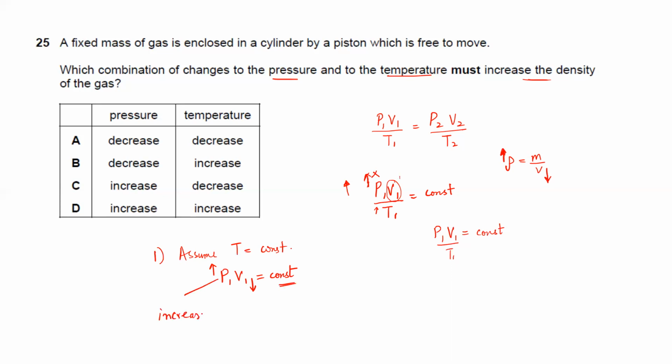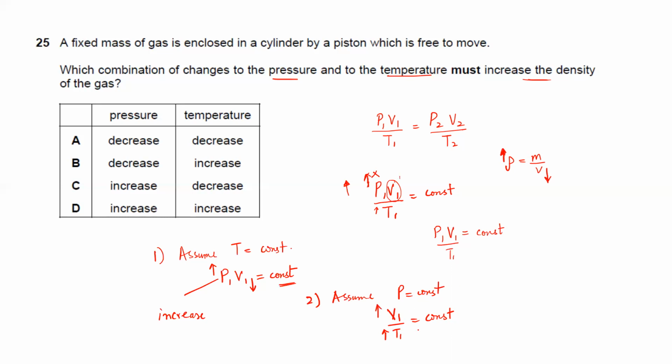The second case is, assume pressure equals constant. So we have V1 over T1 equals constant. Now if I increase the temperature, what will happen? In order for this to remain constant, we have to increase the volume as well.